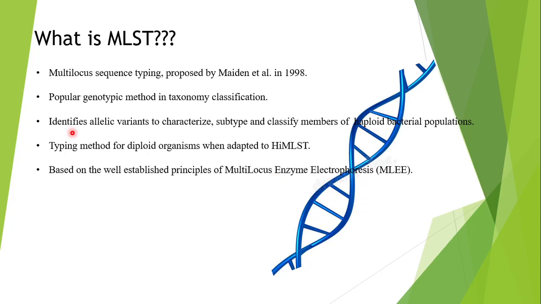As I just mentioned, it identifies allelic variants to categorize, subtype, and further classify members of a haploid bacterial population, that is organisms which have a single set of chromosomes. It can also be used for diploid organisms in the form of high throughput MLST.